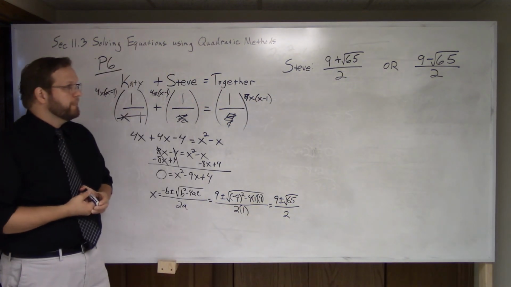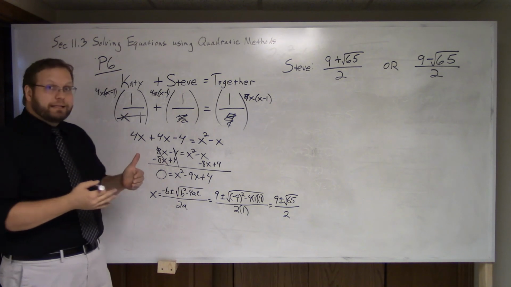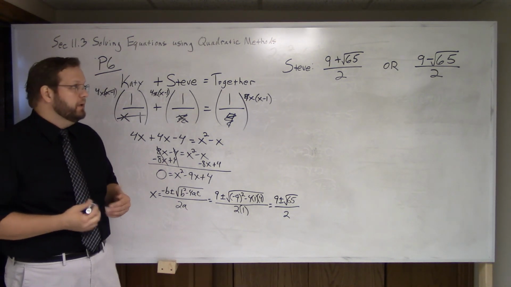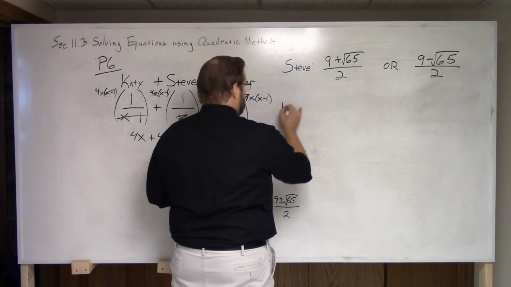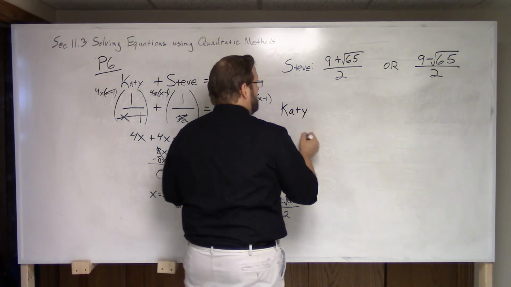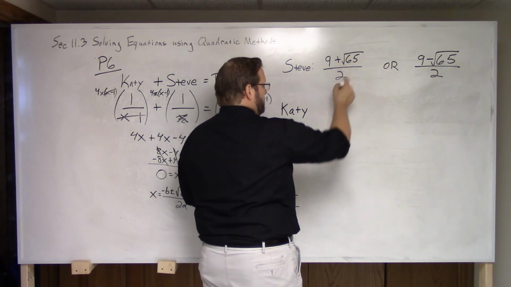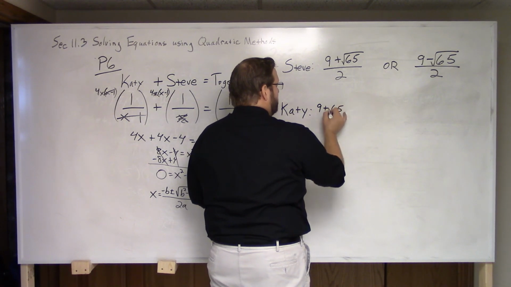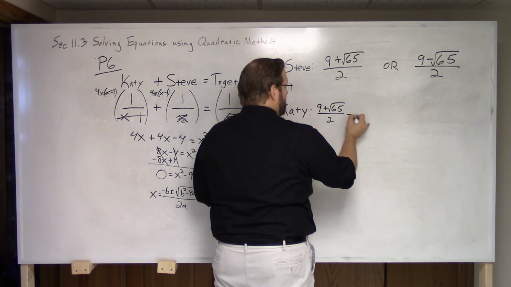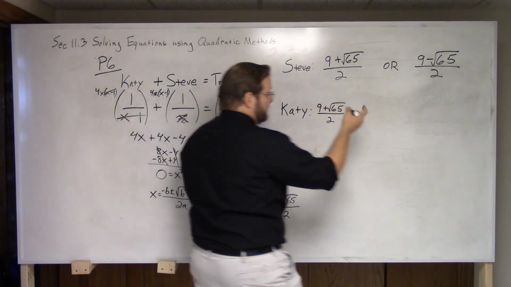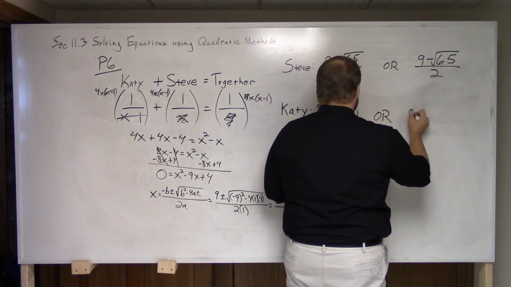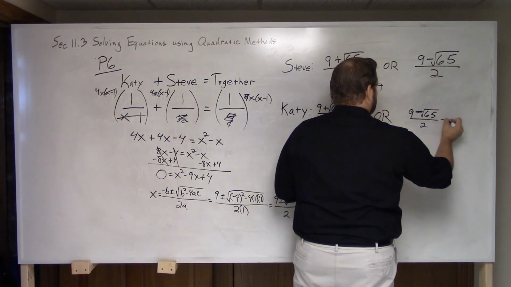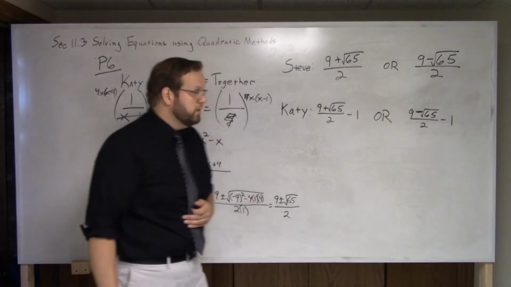Okay? Now, Katie then can do this 1 hour faster, or it's subtracting 1 from that time. So let's see how that plays out. So if we subtract 1 from here, that would be 9 plus root 65 over 2 minus 1. Then over here, it's 9 minus root 65 over 2 minus 1. Okay?